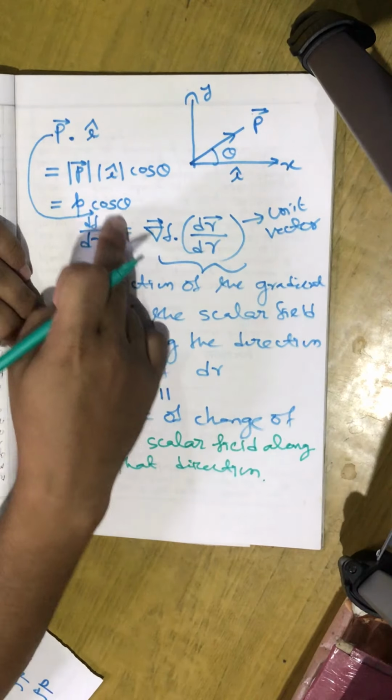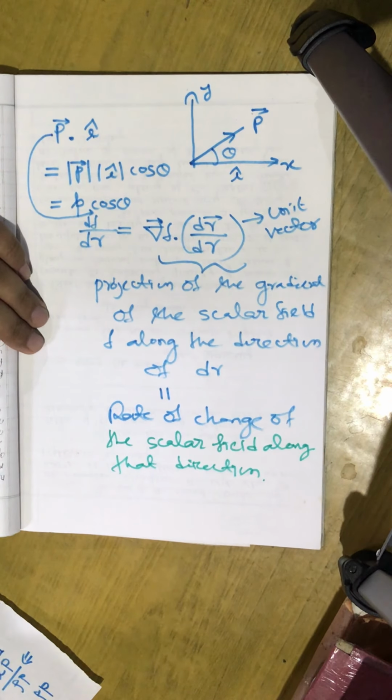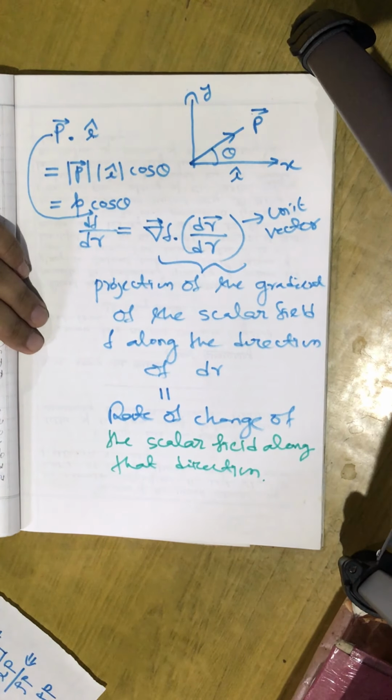So if we want to find the rate of change of a scalar field in any direction, we have to take the gradient of the field, and we have to take the projection of the gradient along the direction of the rate of change of the field. So this is a very important physical meaning of the gradient of a scalar quantity.